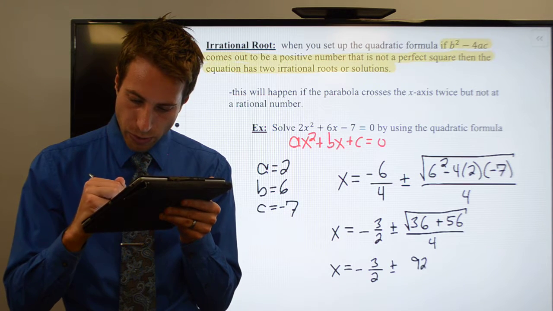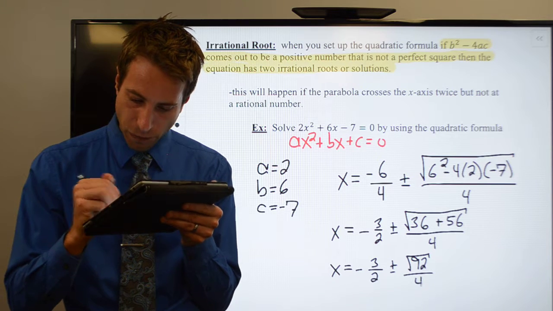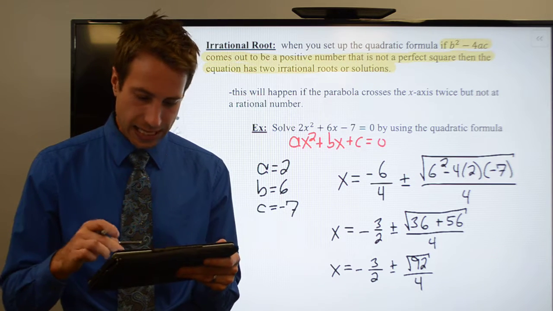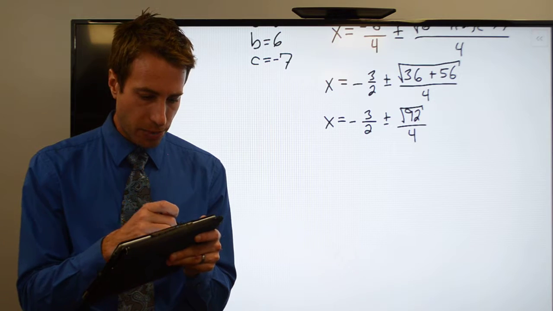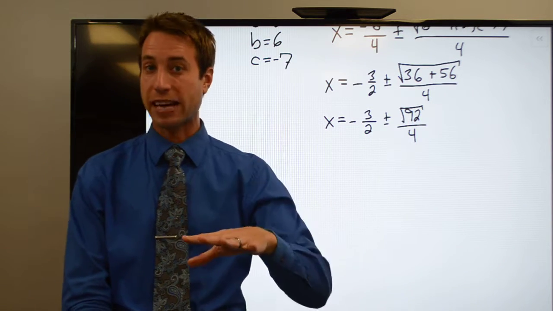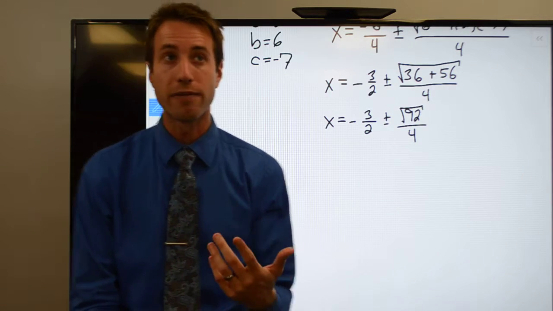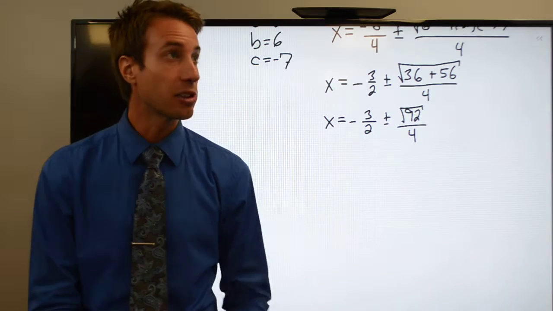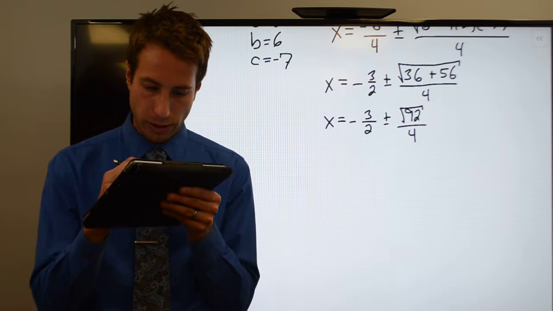So I have the square root of 92 over 4. Like we said, 92 is not a perfect square. So what I'm hoping is that there are two factors of 92 where one of them is a perfect square, and I believe 4 and 23 will work.